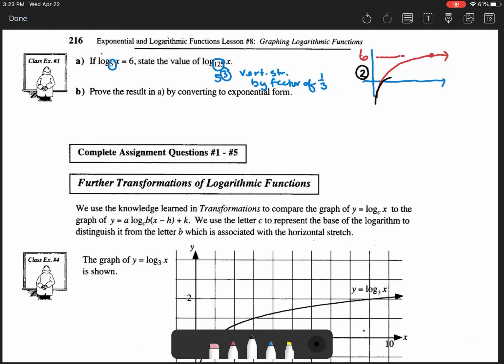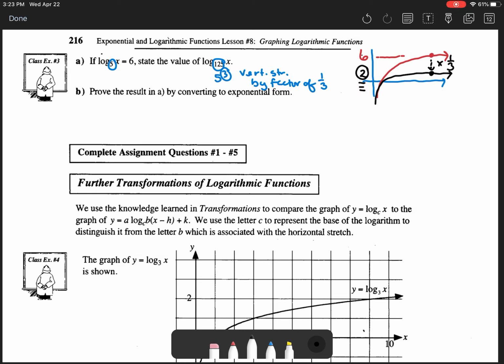If I stretch that vertically by a factor of 1 over 3, it's like dividing it by 3. So take 6 divided by 3, it's going to end up being 2. That's your answer. So this graph is going to end up being down here, like this.